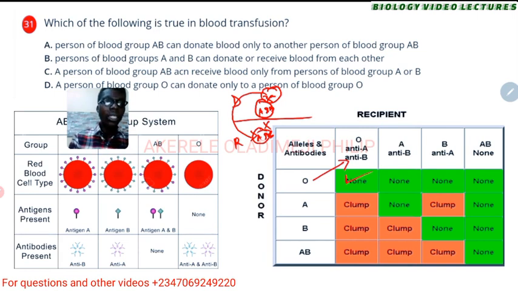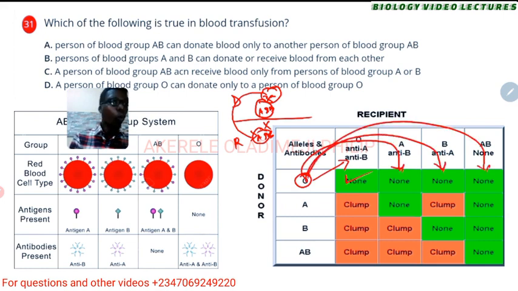So that means blood group O can give to A, B, and AB. Why? Because all of them have antibody inside. For blood group A, it's going to have antibody B.